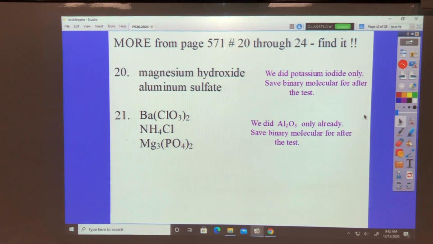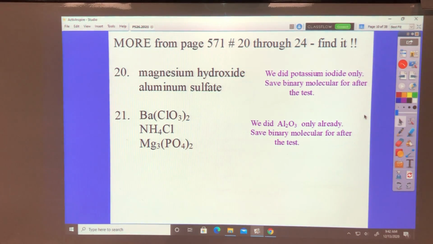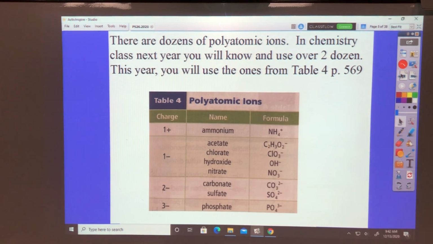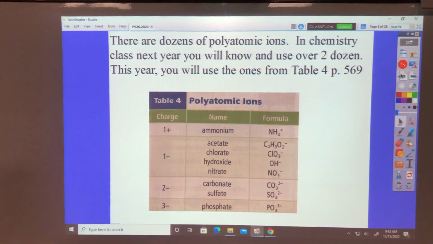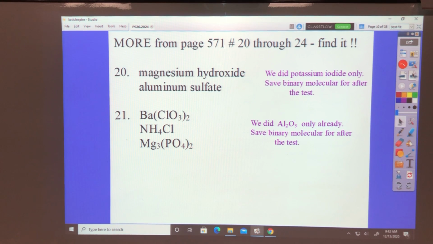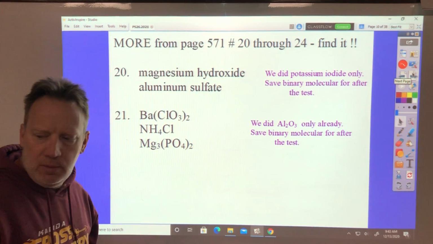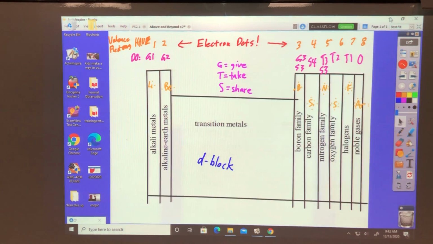So going back to 20, you're going to have to look up hydroxide and sulfate in the table to name them, which is OH minus and SO4 2 minus. Again, I won't give you hydroxide on the test. So it should be magnesium gives 2 from back here.